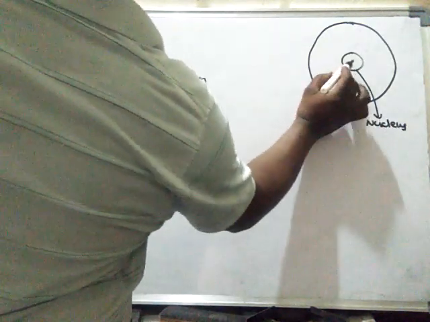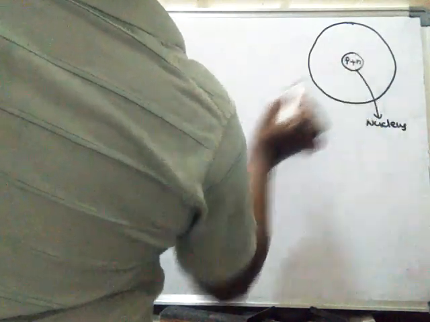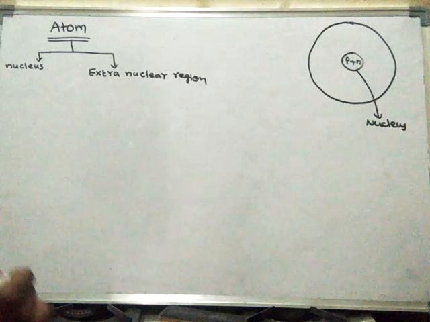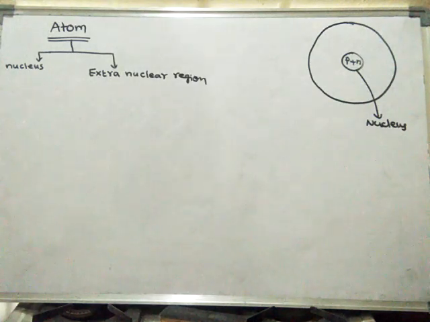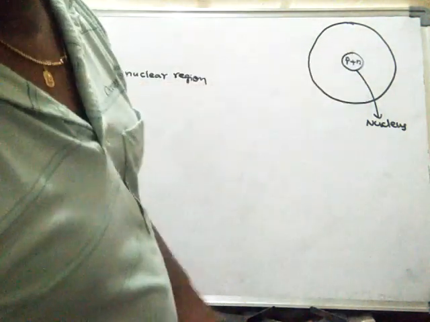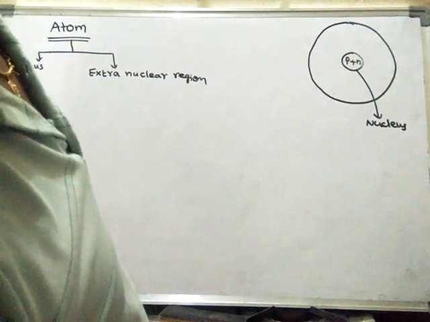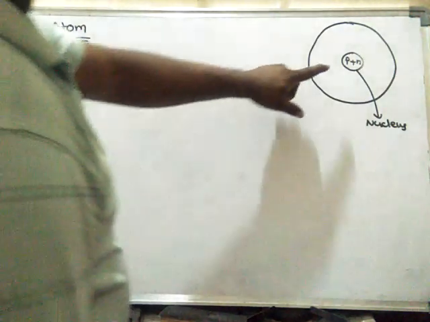Inside the nucleus, you will find protons as well as neutrons, and even some other particles may be present. Hence the particles present in the nucleus are said to be nucleons.